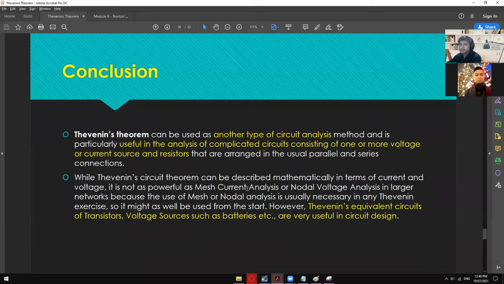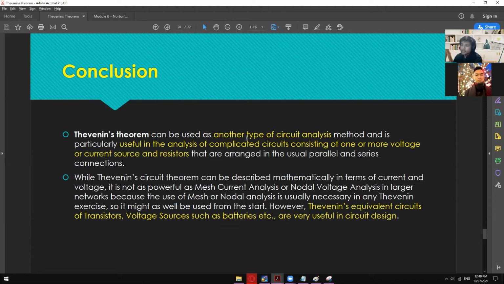Okay. So as a conclusion, Thevenin's theorem can be used as another type of circuit analysis method and is particularly useful in the analysis of complicated circuits consisting of one or more voltage or current sources and resistors that are arranged in the usual parallel and series connections.